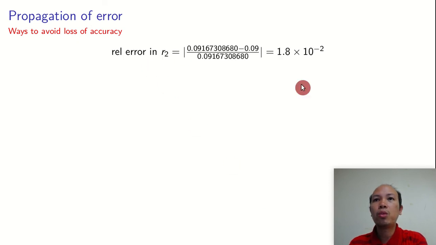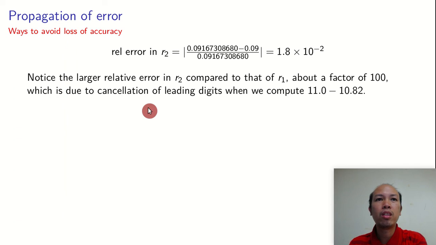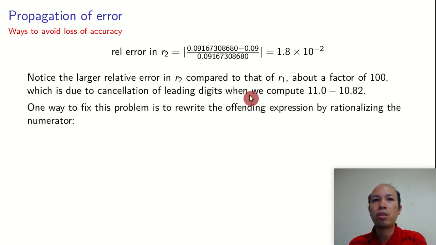For r2, we have 1.8 times 10 to the negative 2. Just do the same analogy. Notice the larger relative error in r sub 2 compared to that of r sub 1, about a factor of 100, which is due to cancellation of leading digits when you compute 11.0 minus 10.82.